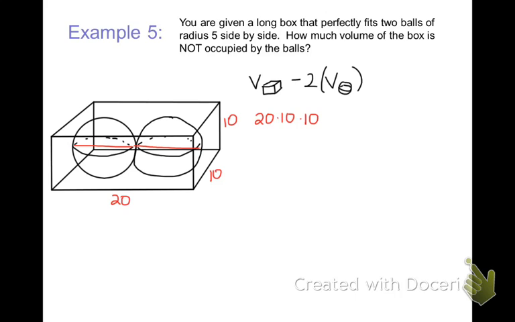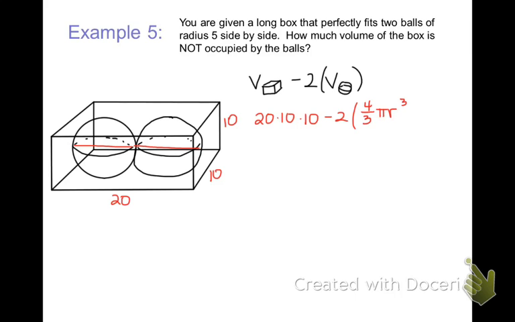Okay. So that's the volume of the box, and then we're going to be subtracting 2 volumes of the spheres. Now, I will be giving you the formula, so you guys will just have to look it up. Which formula was it? 4 thirds pi r cubed, right? Yeah, you need to be using the volume formula, not the surface area.